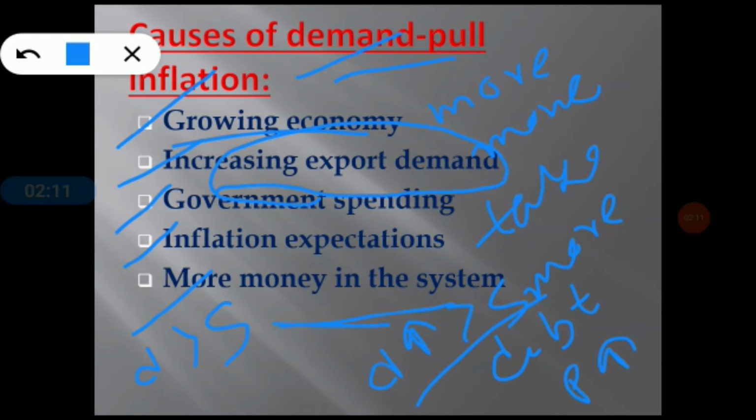It indicates more money in the system. Obviously there is more expansion in the money supply with too few goods, and it makes the price of the product increase, and it obviously indicates demand pull inflation. I hope this topic is crystal clear to everyone. So now we will move on to the next slide.